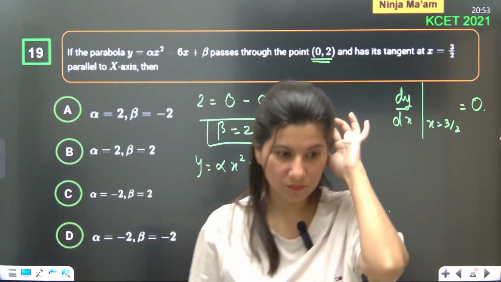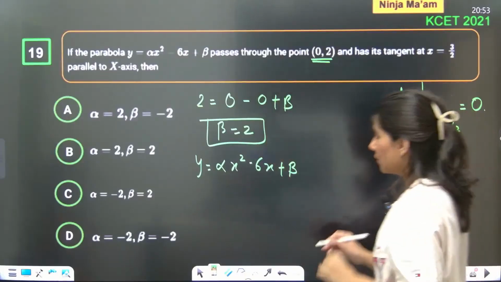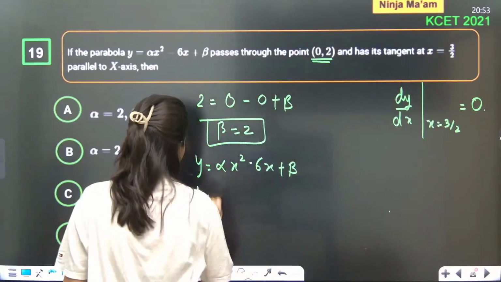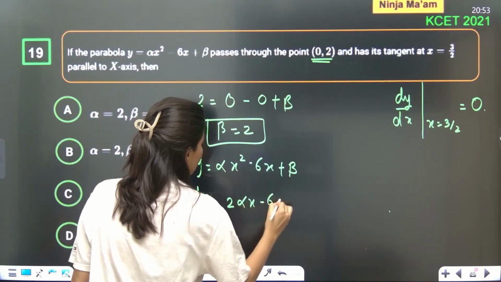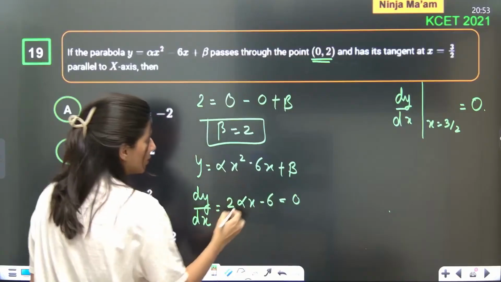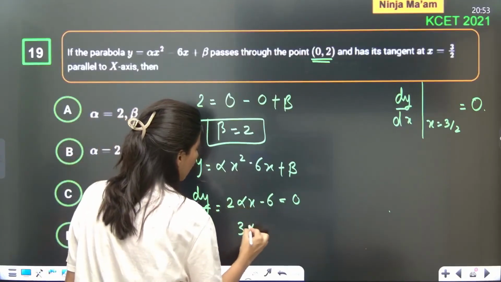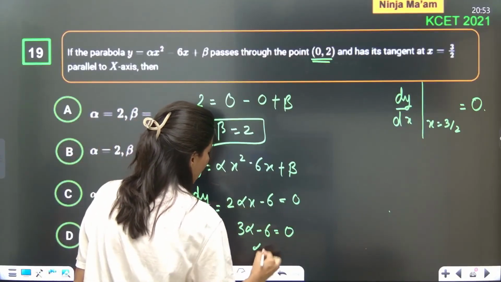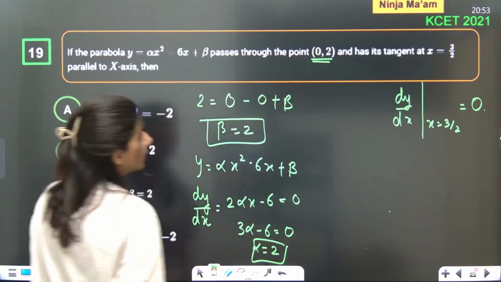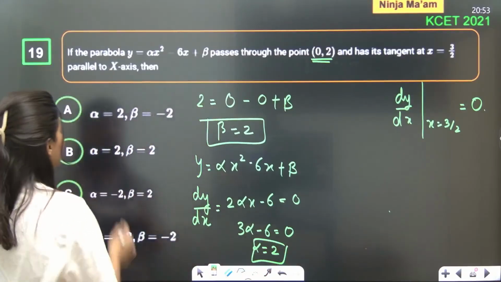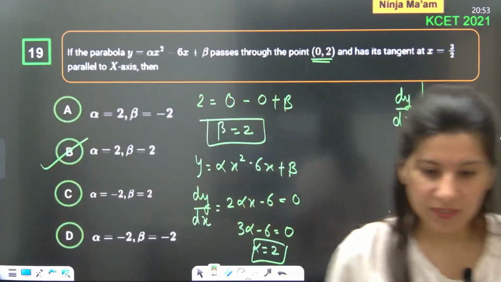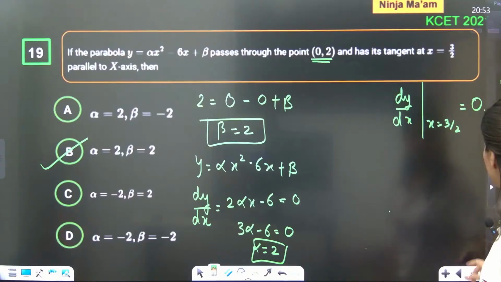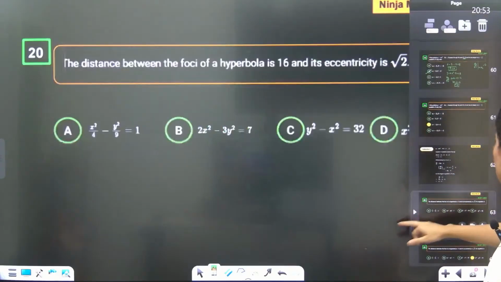So dy by dx is equal to 2 alpha x minus 6 equals 0 at x equals 3 by 2. You put 3 by 2, 3 alpha minus 6 equals 0. Alpha is equal to 2. Then what are they looking for? Alpha 2, beta 2. That is option B, absolutely right. Clear? Next question on your screen.